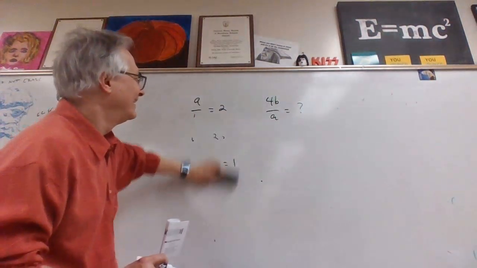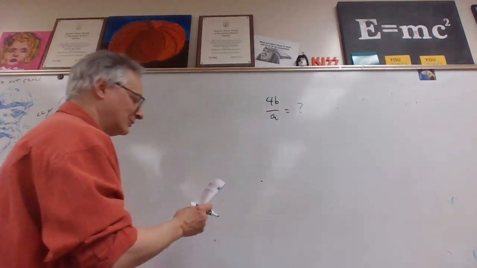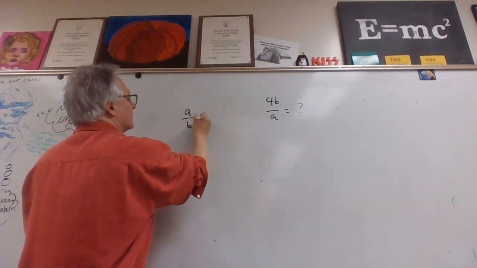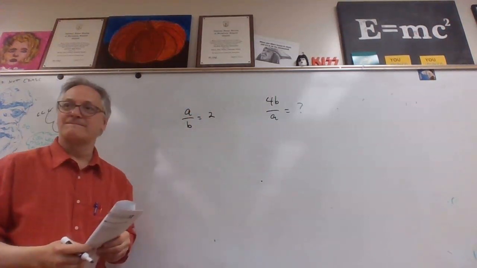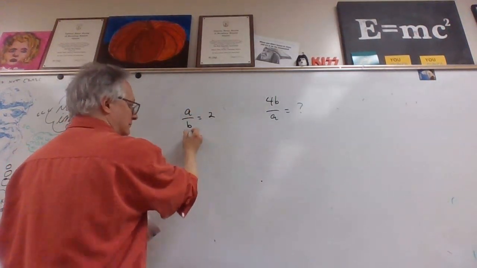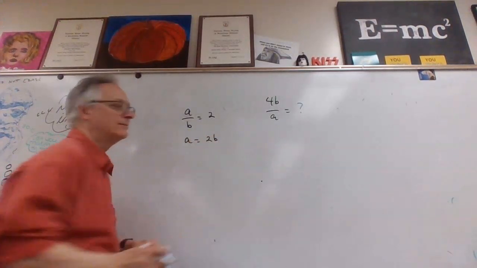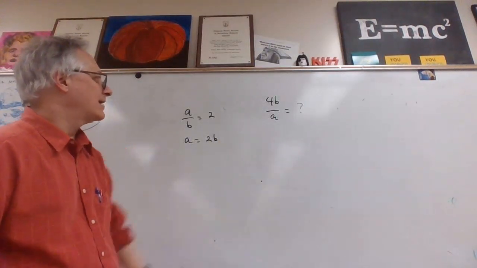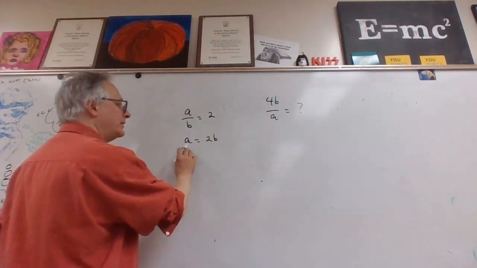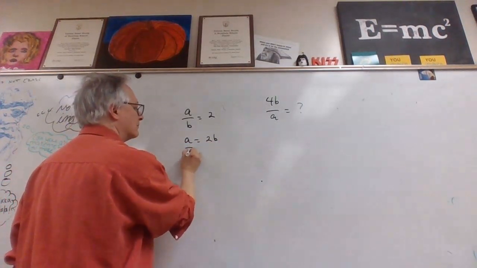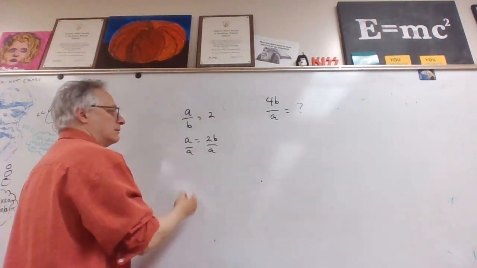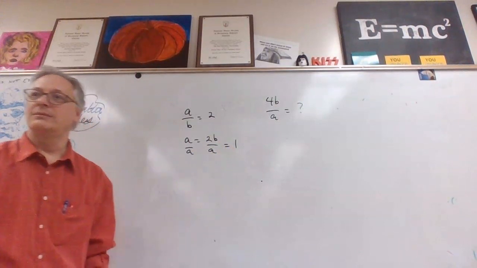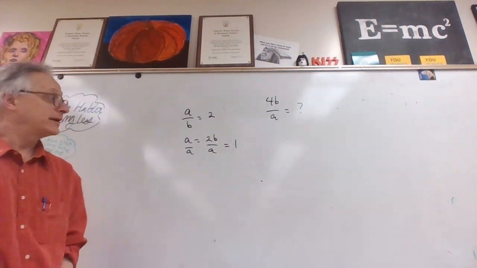Okay. All right. a over b is equal to 2. That's given in the problem. So a is equal to 2b. Now, we want to evaluate this guy up here. So why don't we divide both sides by a? Well, if a is equal to 2b, 2b divided by a has to be equal to 1, because anything divided by itself is 1.